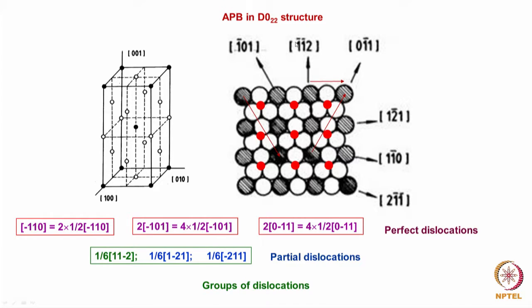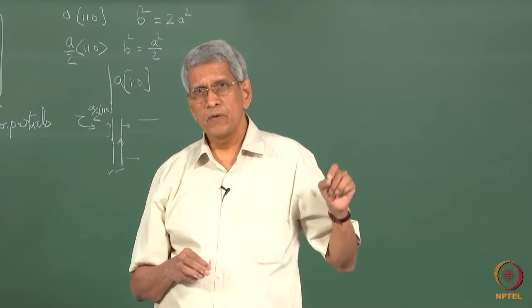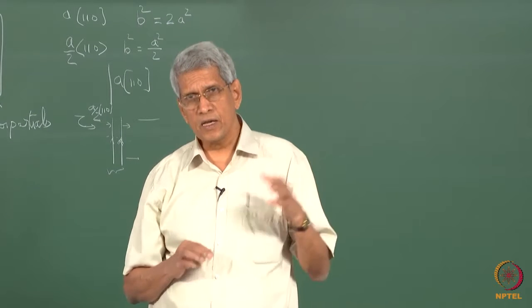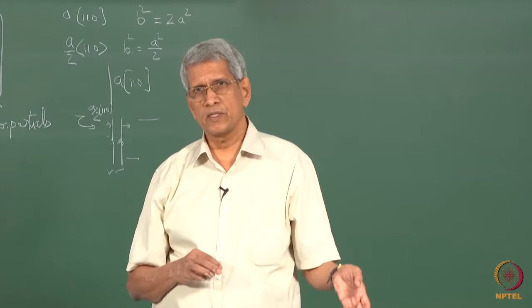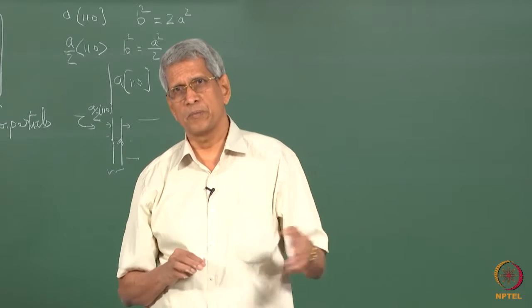Why I am talking about this particular structure is that in many nickel based alloys like alloy 718, alloy 625, or many other alloys, precipitates form with this type of crystal structure, not gamma prime but what is called gamma double prime in the superalloy terminology which is used. These precipitates form.